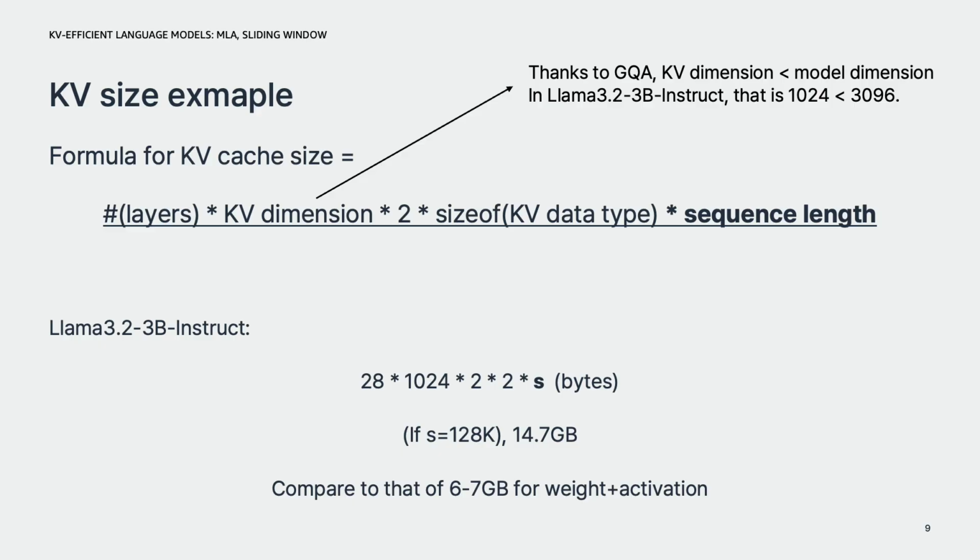In this talk, I'm not going deep into GQA, although GQA is very, very important. That's mainly because GQA has already become the standard of language models, while this talk is focused on introducing more nascent KV efficient architectures.